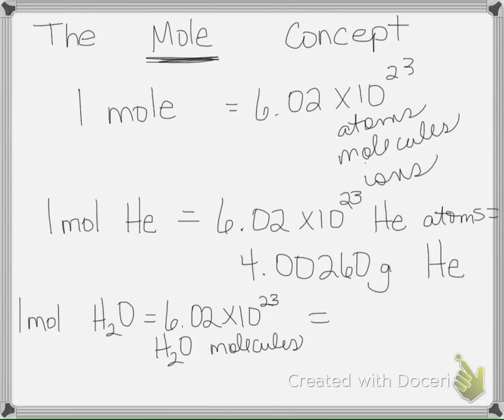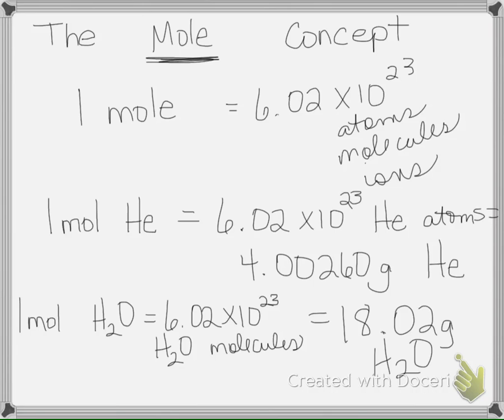How many grams of water would that be? 18.02. Yes, 18.02 grams of water. Where'd you get that? Added the 2 hydrogens and oxygen.